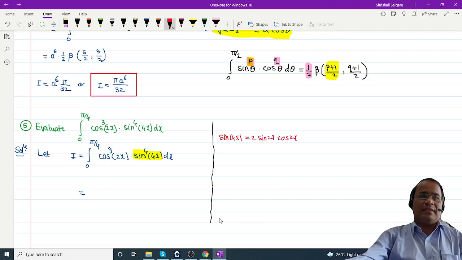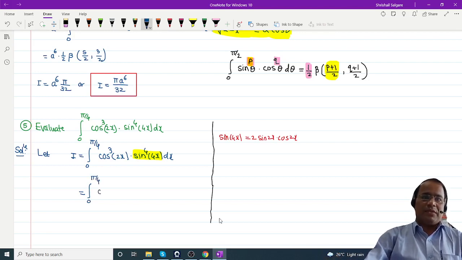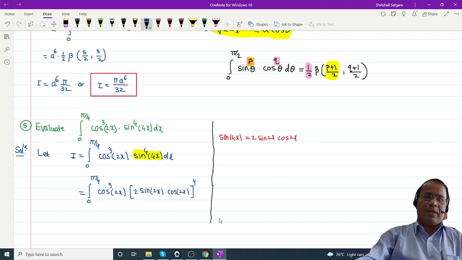At the same time, you have to think of the limit also. So this same integral we will write from 0 to pi by 4. First one is cos cube, first term as it is. Now for the second one in bracket, sine of 4x I will write as 2 sine of 2x into cos of 2x, and whole bracket raised to 4 dx.